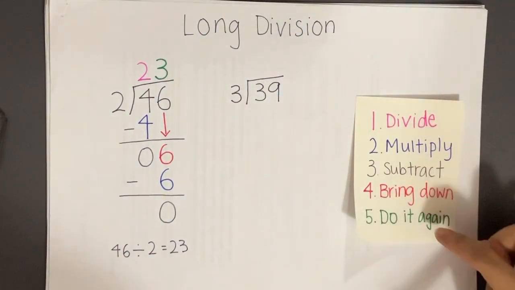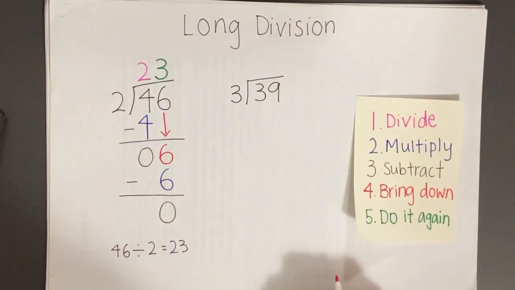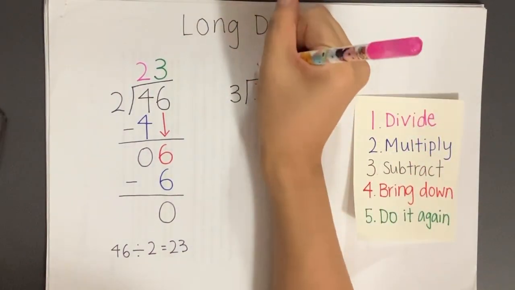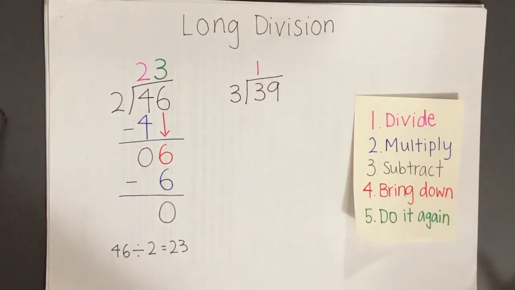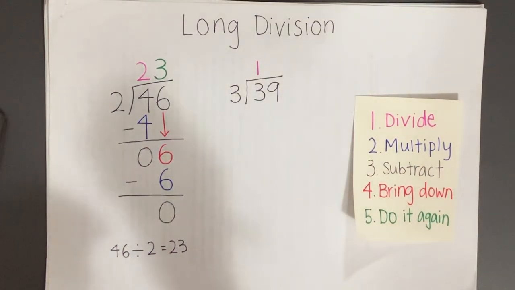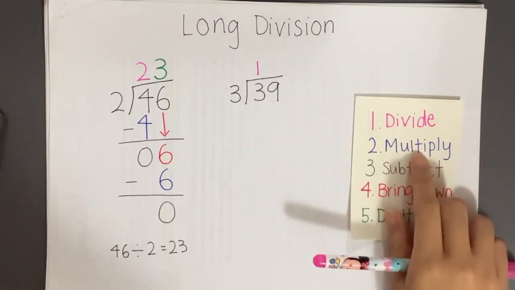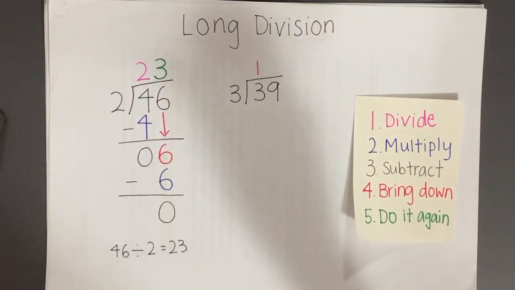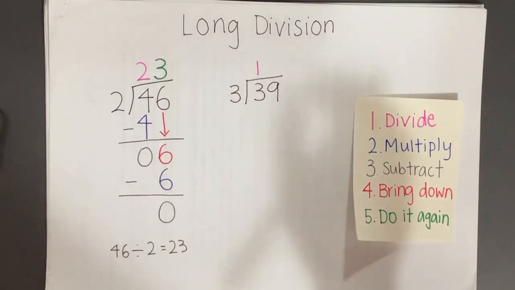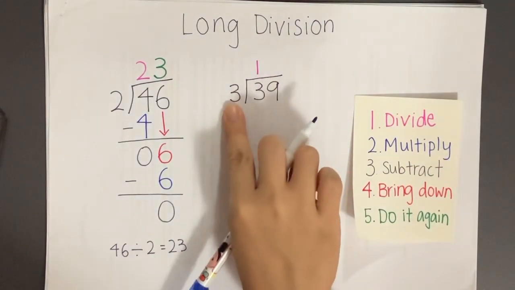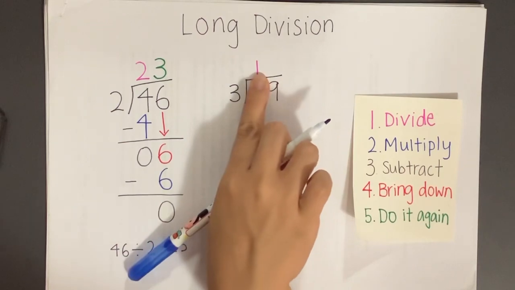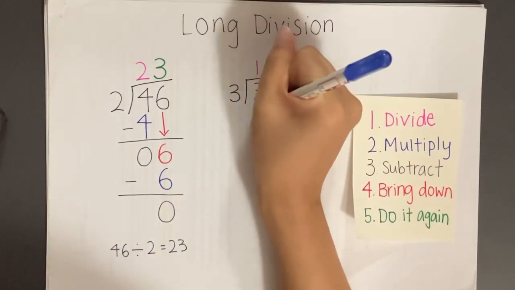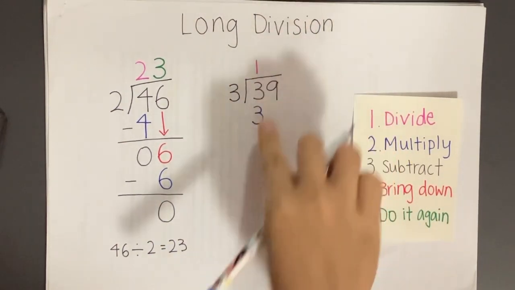From the first step to the 5th step, I always start from the top, go to the bottom. So I'll write my 1 here. Okay. Second step, multiply. Remember, I always multiply the numbers that are outside. 3 multiplied by 1 gives me 3. So I write my 3 below.